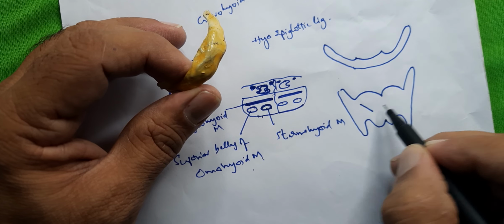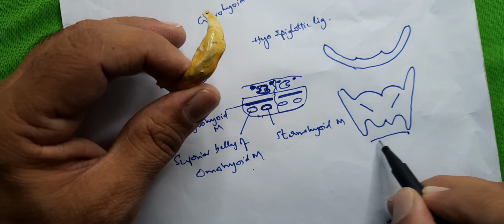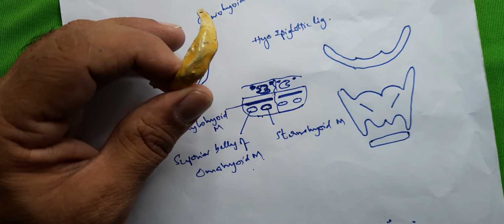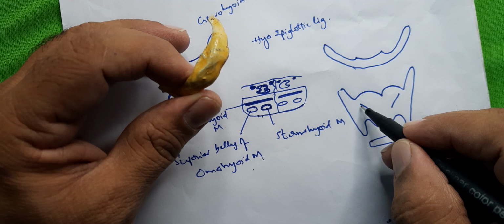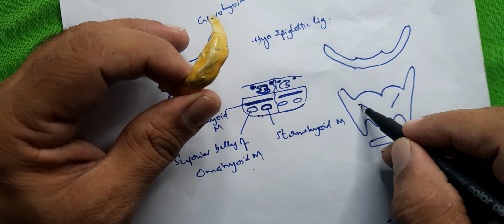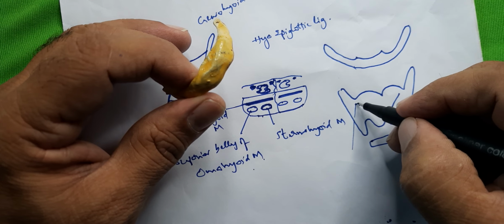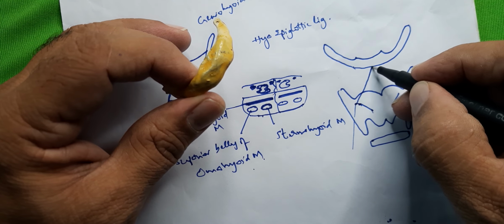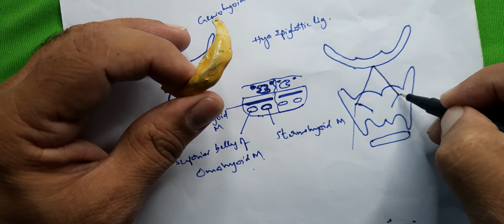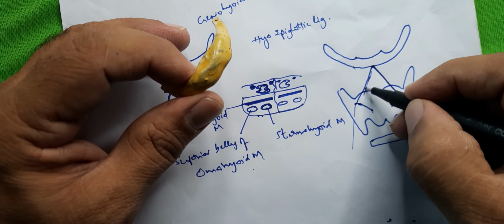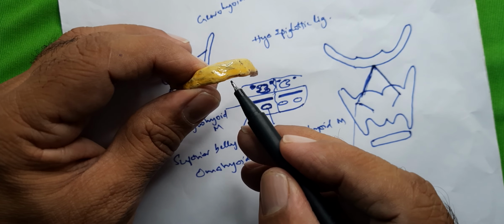The thyroid cartilage has 2 oblique lines here, and the cricoid cartilage is present here. The pretracheal layer of deep cervical fascia comes and attaches to the oblique lines first. After attaching to the oblique lines, it converges and attaches to the lower border of the hyoid bone like this.